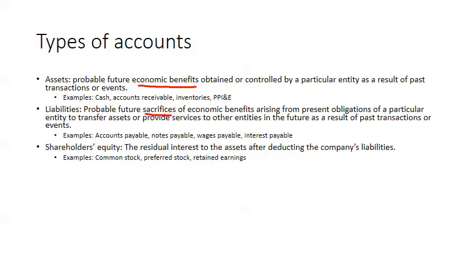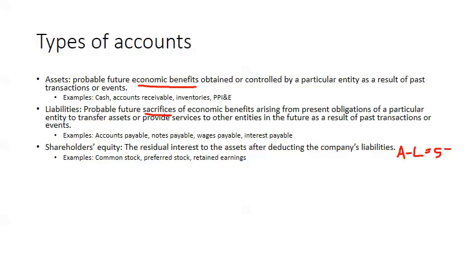Then we have shareholders' equity as our next type of account, and that's the residual interest in the assets after we deduct the company's liabilities. Because remember, we said assets equal liabilities plus stockholders' equity. What does that mean? It also means that I can move the liabilities to the other side: assets minus liabilities equals stockholders' equity.